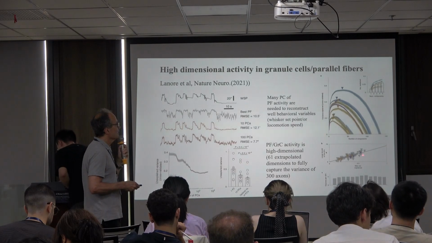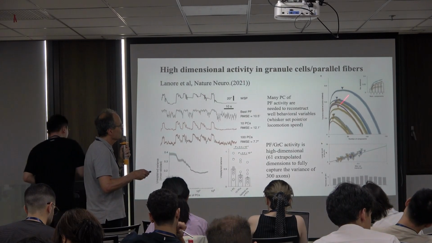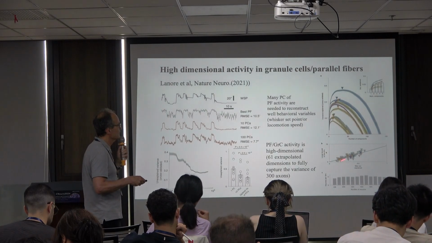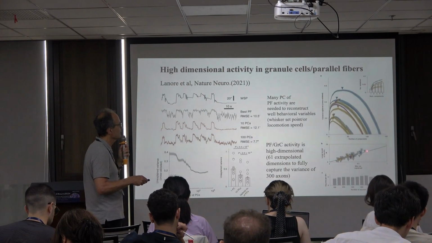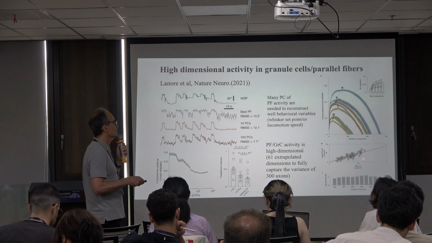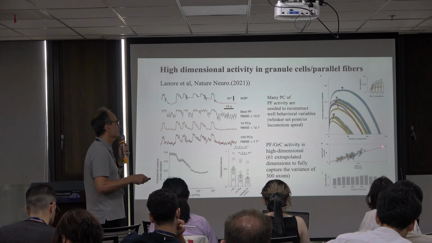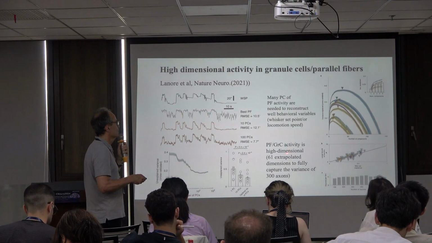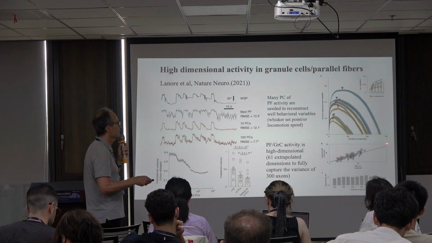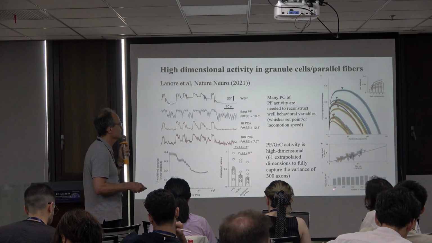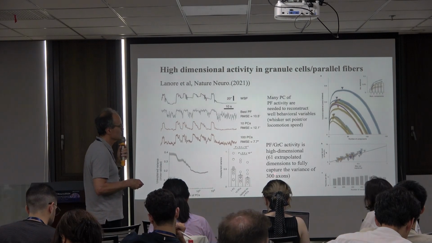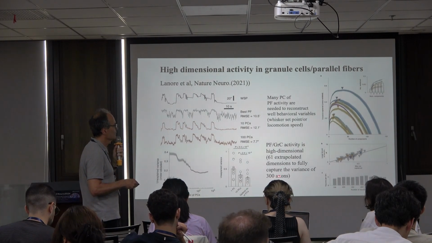So they put all these mouse data together. There are 3 mice here. They try to extrapolate: if you want to explain all the variance, you would have to have 61 dimensions. They are looking at the correlation, and they have about 300 axons.